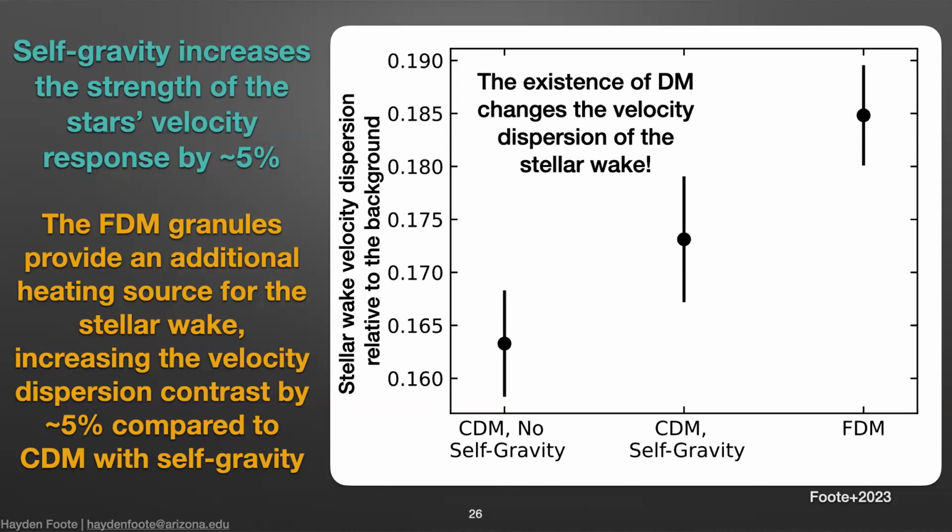Can you do the same experiment, so you say that fuzzy dark matter is probably kind of ruled out as being the major contributor? Can you do the same experiment with different particle sizes or different types of warm dark matter? Yeah, you totally could. The only thing with that is, I don't think the wake would change much, in all honesty. Because at the end of the day, the only thing that's really different with fuzzy dark matter is the wave interference.